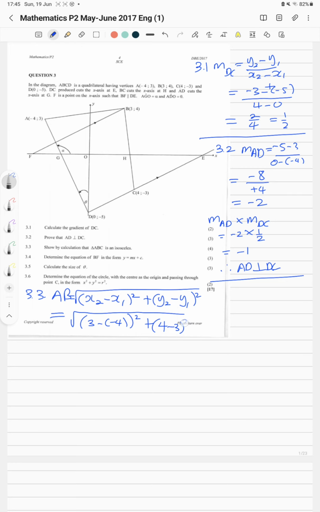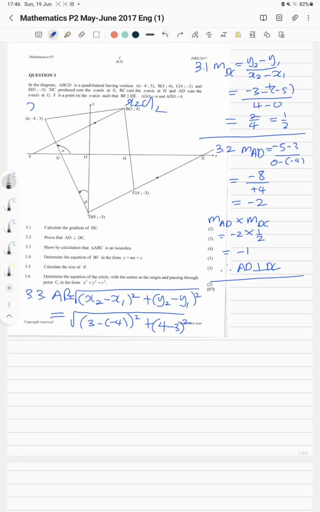And if you're having trouble knowing which is which in your diagram, I'm going to write it on the A and B. We subtracted from B to A. That can be your x2, y2. Write it next to your coordinates, x1, y1, and subtract accordingly to avoid making any mistake.